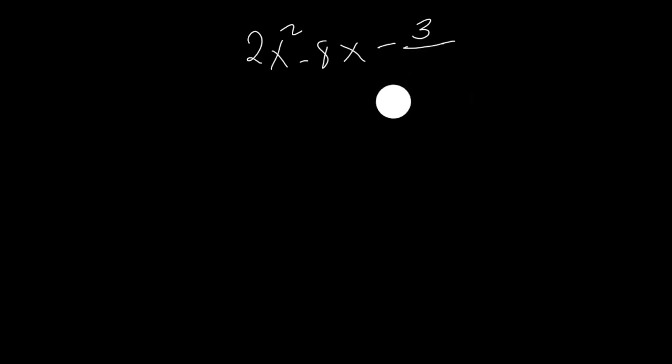Let me write it. It's 2x squared minus 8x, and then minus 3, this is 2x minus x minus 4. Yeah, this is the equation, is equal to 2.